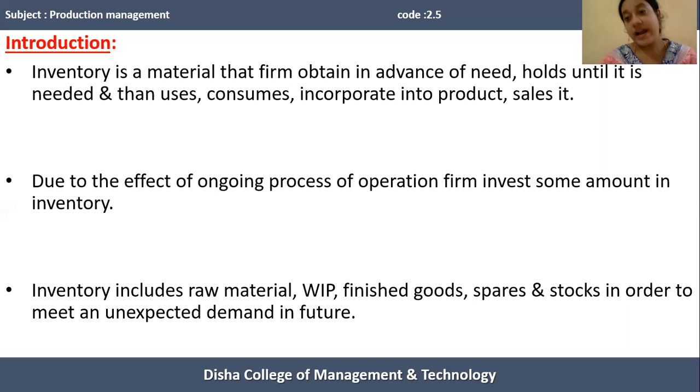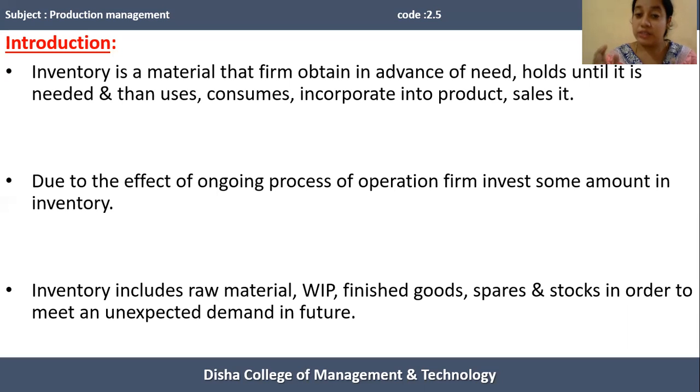And the items which are necessary for manufacturing a particular product, means the inventories, have certain economic value. The firm, before production starts, procures these things and stores them in its warehouses, and whenever there is a requirement the firm uses these things and manufactures a unique product.